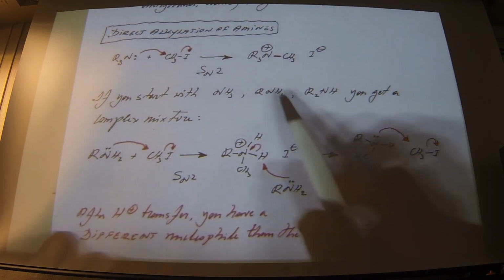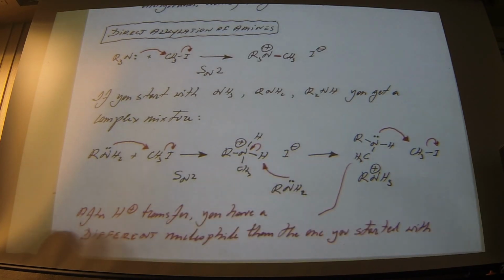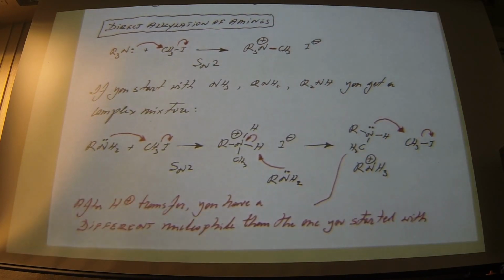Now, the direct alkylation of amines is not going to work. This is something that you need to always be aware of: because amines are both nucleophilic and basic, if I try to stop after a single alkylation, that reaction will never work. I'll get proton transfer, generating a secondary nucleophile.